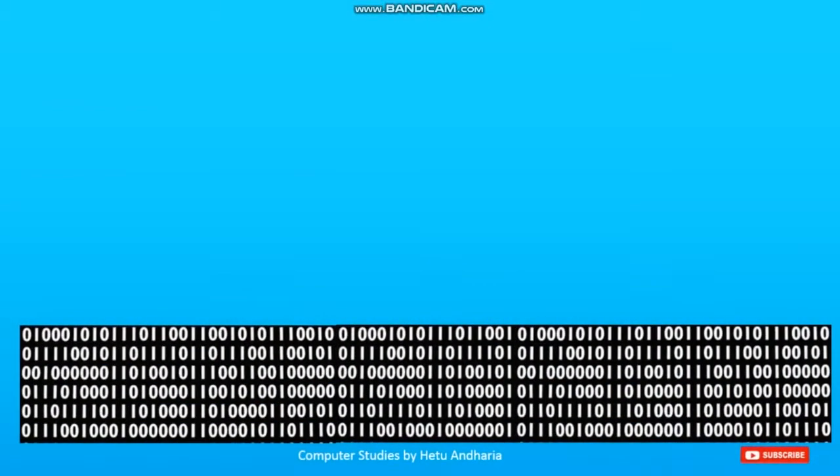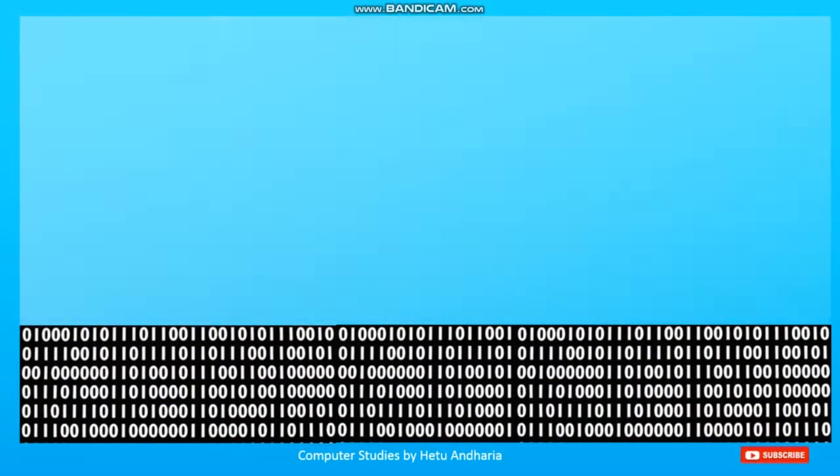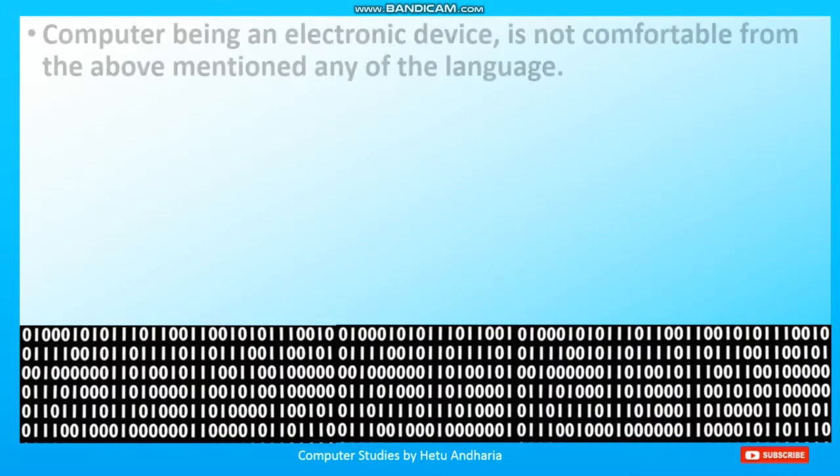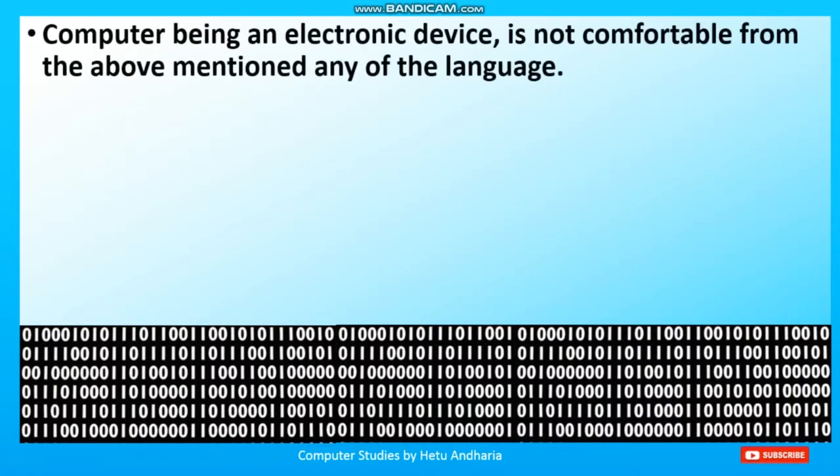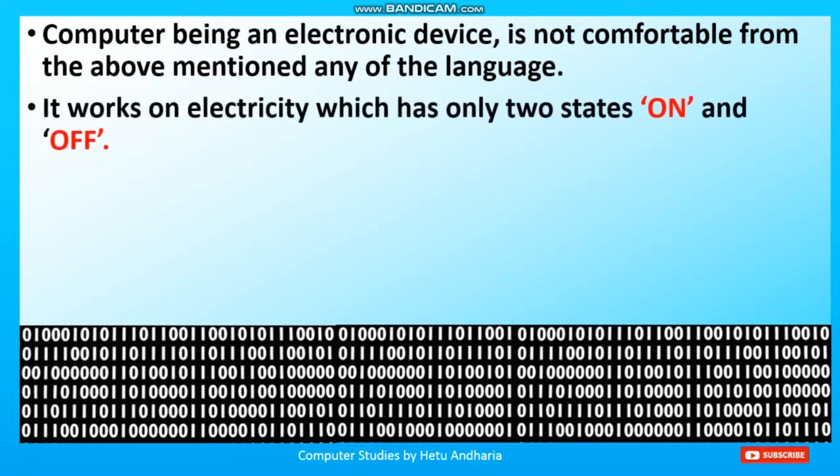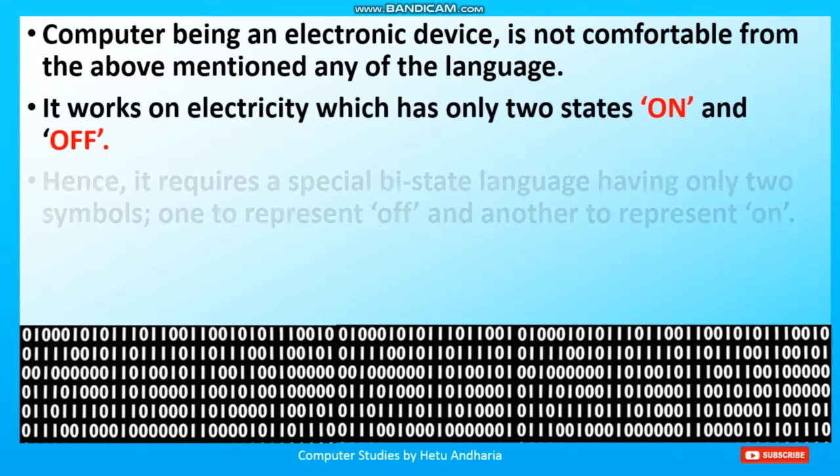Fine. Now, the computer cannot understand any of the languages which we discussed just now. Computer, being an electronic device, is not comfortable with any of the above mentioned languages. It works on electricity, which has only two states, that is on and off.